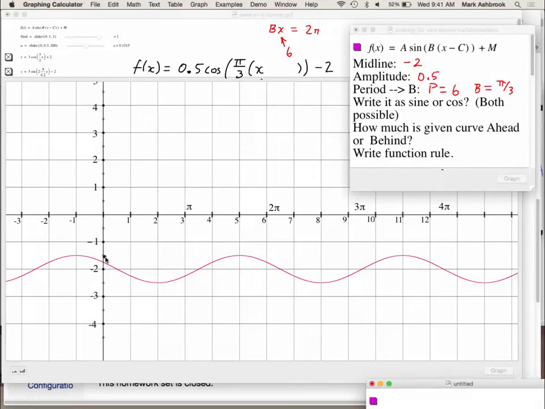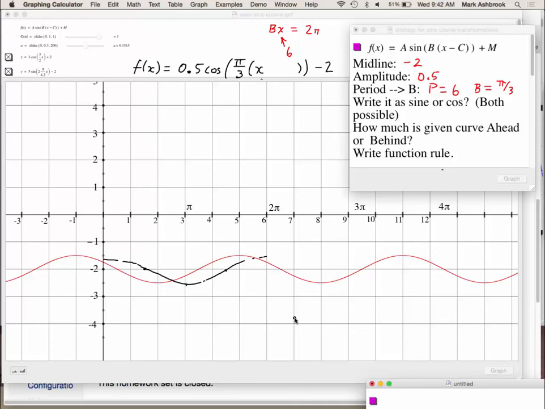It's going to start at the max, and at 3 it's going to be at the min. 1.5 the midline. So this is what I'm seeing here for unshifted cosine. Is it right? So that black thing is unshifted cosine.